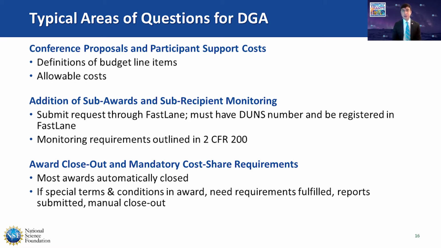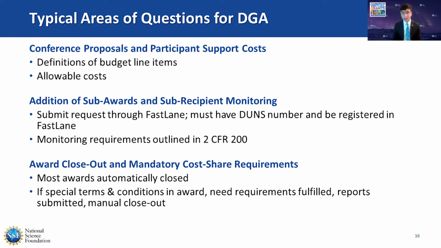For subaward requests submitted on a post-award basis, these have to be submitted through FastLane and they have to have a DUNS number. You should also keep in mind the award management and oversight provisions flow down to your subaward organizations. So you'll have to conduct your own monitoring and oversight activities to ensure that your subawarding organizations are compliant with NSF policy.